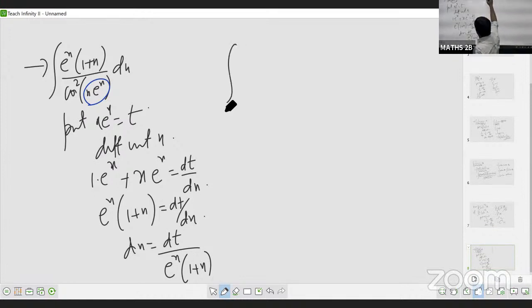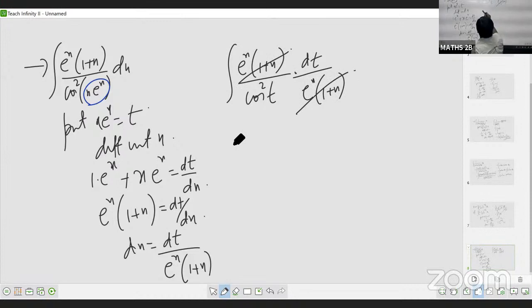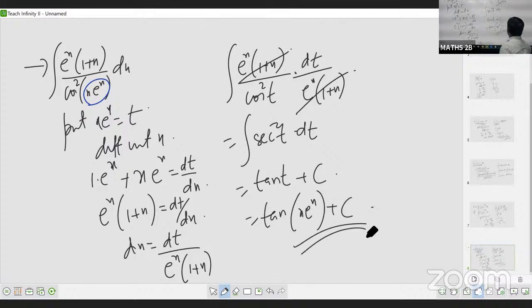Now integration of e power x into 1 plus x by cos square t, dx is dt by e power x into 1 plus x. These two get cancelled. 1 by cos square t means secant square t dt. Integration of secant square t is tan t plus c, that is tan of x e power x plus c.